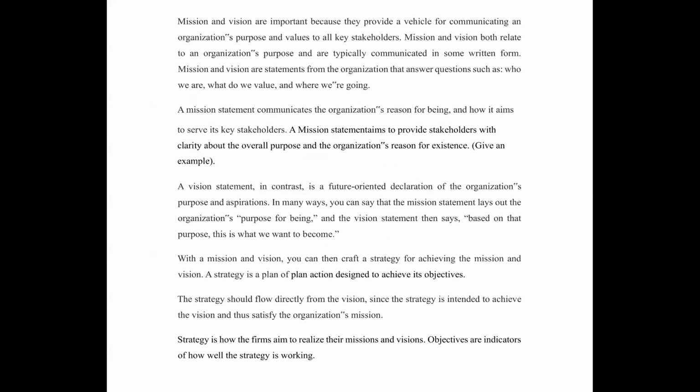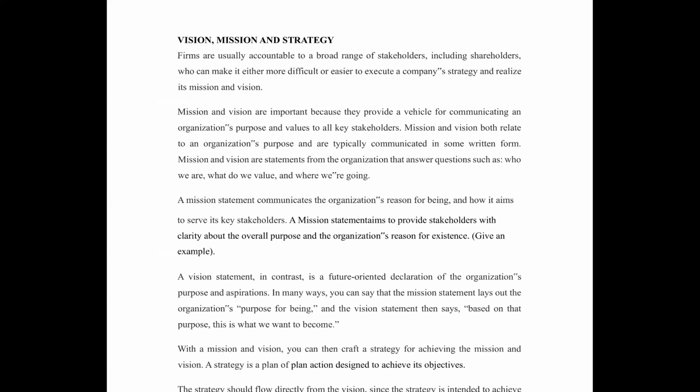As we are drawing closer to the end of the conversation, let's look at the vision, the mission, and the strategy. Now, you have heard most of the institutions and the businesses, they're supposed to have the vision, the mission, and the strategy.